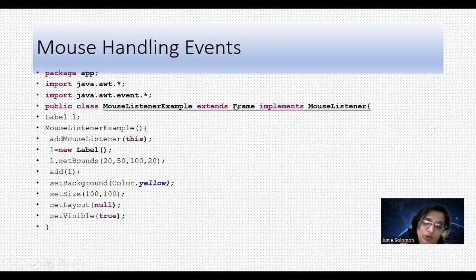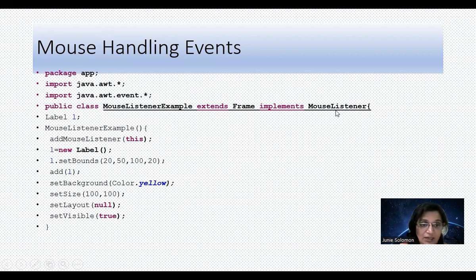This time I am using only a normal frame. And I wanted the mouse event to come, so I should go for implements MouseListener. Where does this MouseListener lie? It lies in java.awt.event. You have to bring it in, then only the MouseListener works.